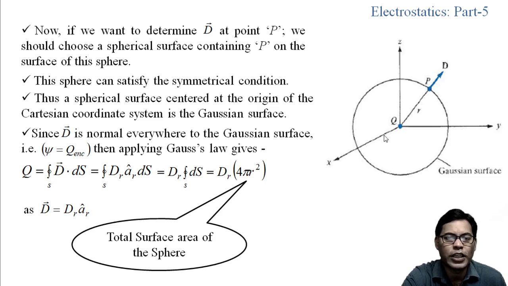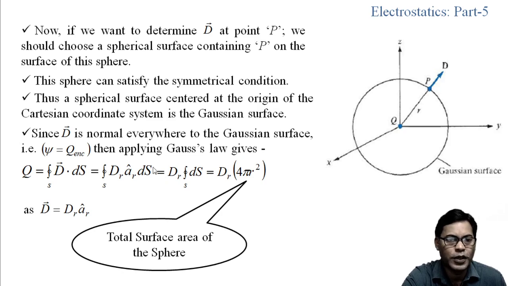So here we can use the equation Q equals the closed surface integral of D dot ds, which equals the surface integral of Dr ar into ds. Here you can see that D is a vector quantity, written as Dr, which is the magnitude, and ar, which is the direction of the flux density, normal to the surface of the sphere.